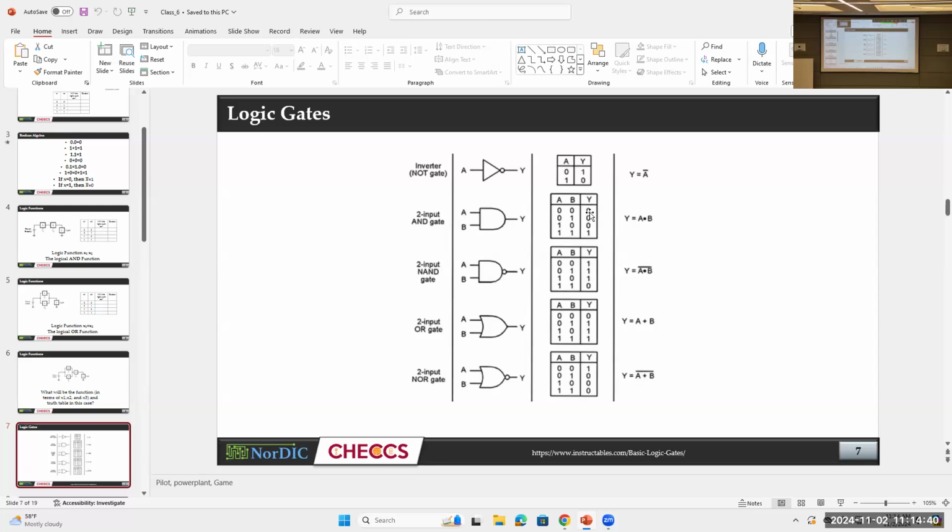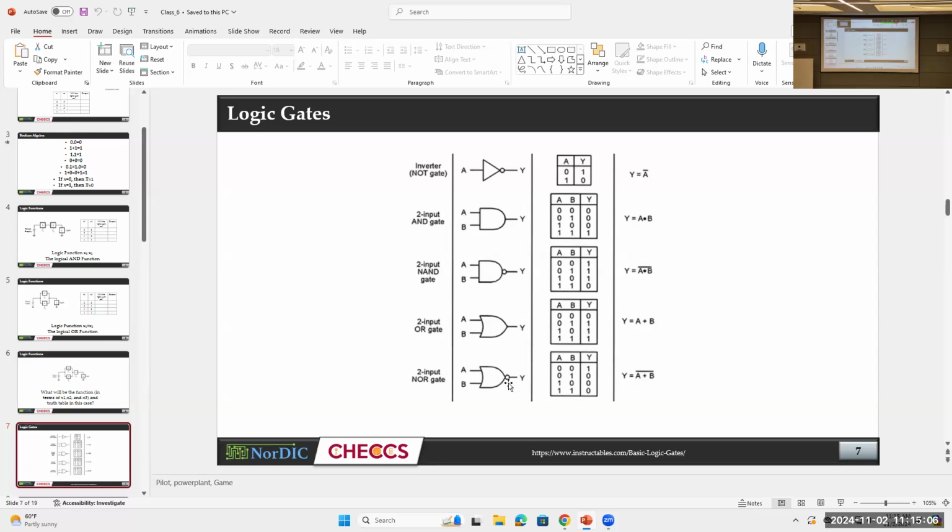If you invert every row of an AND gate, you will get the NAND gate. And this is the OR gate. I have already drawn the symbol of the OR gate, and look at the difference between the symbols of the OR gate and the NOR gate.